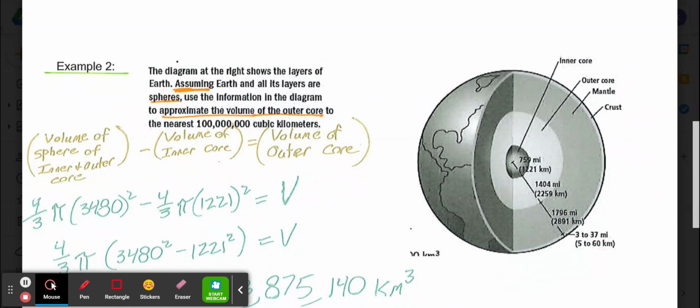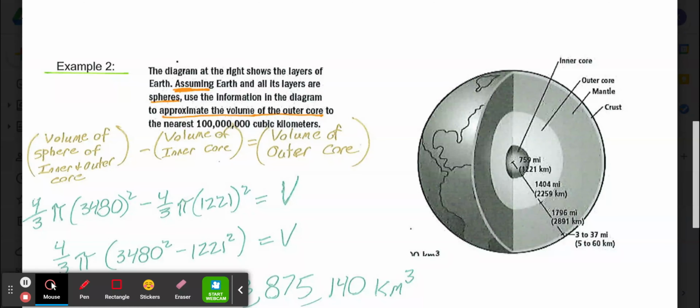Then we get into a problem dealing with our layers of Earth. So the diagram at the right shows the layers of Earth. We're assuming that Earth and all its layers are perfect spheres for this problem, even though that's not the case. Use the information in the diagram to approximate the volume of the outer core to the nearest 100 million cubic kilometers.